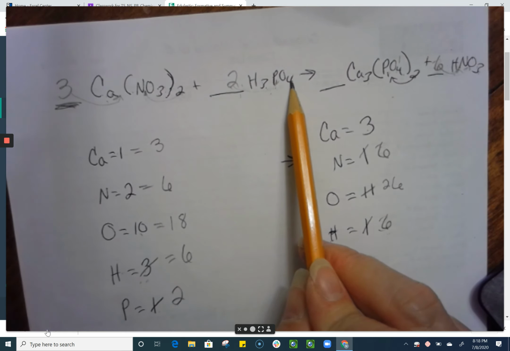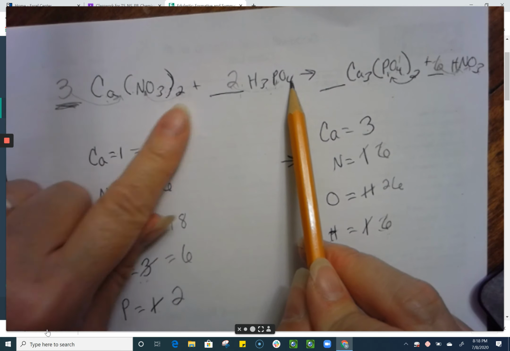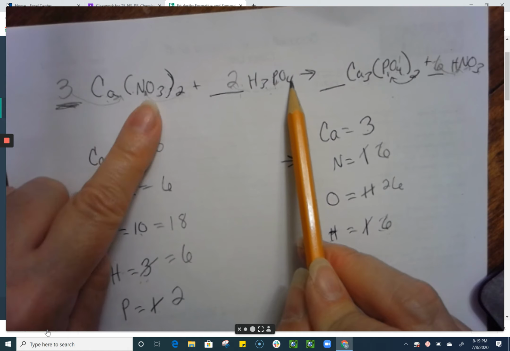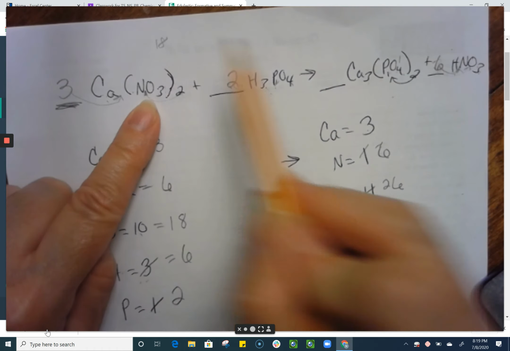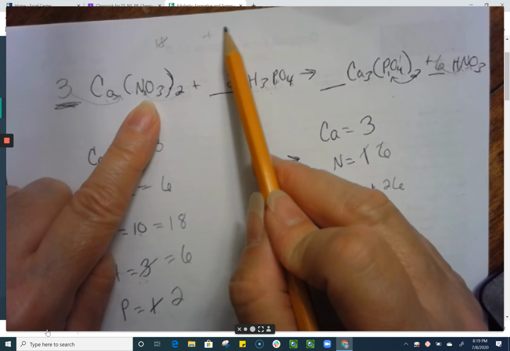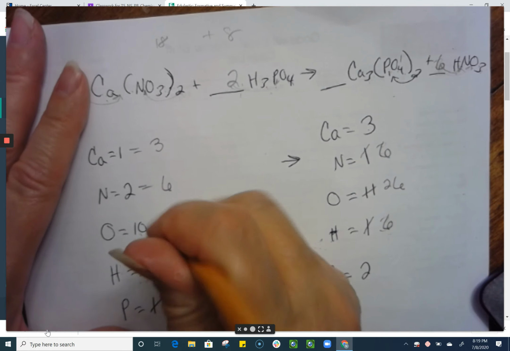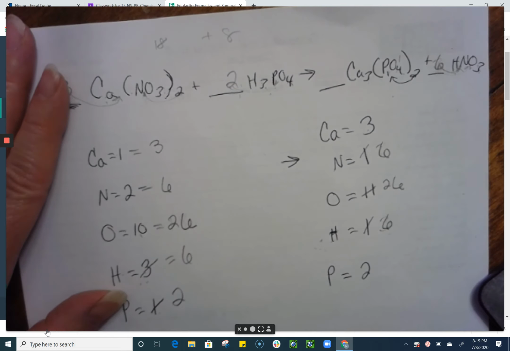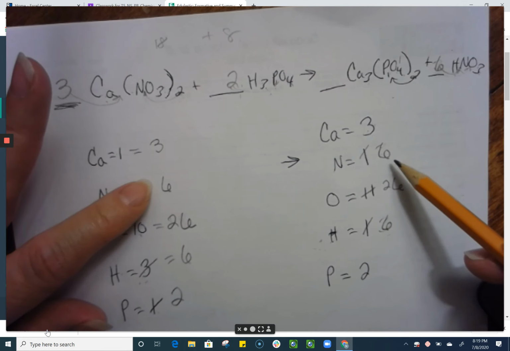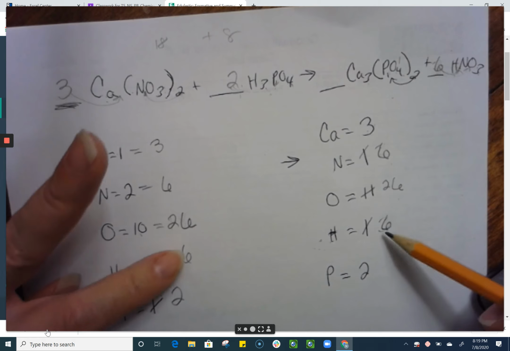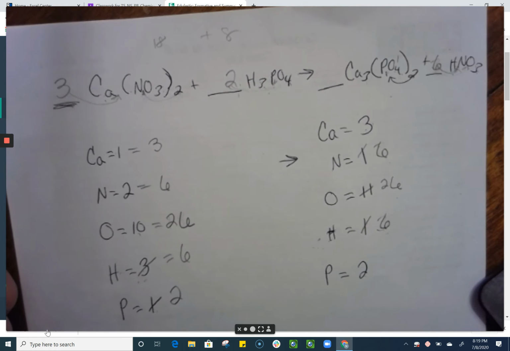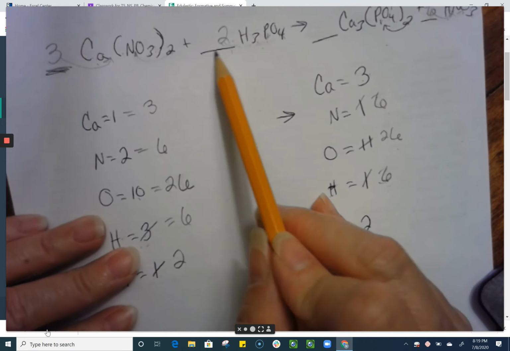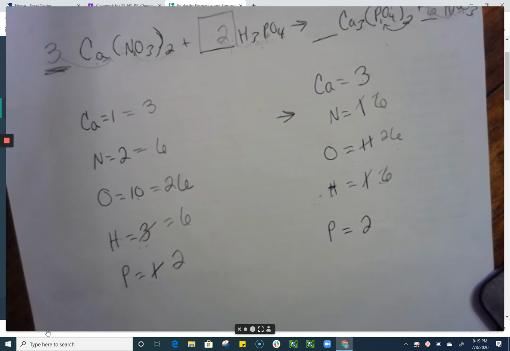And remember, I had 2 times 3 is 6, times 3 is 18. So that was 18 oxygen over here and 8 oxygen there. That gives me 26 oxygen. 3, 6, 26, 6, 2. Okay, that's balanced. And the question was, what's the coefficient in front of phosphoric acid? And that would be a 2.